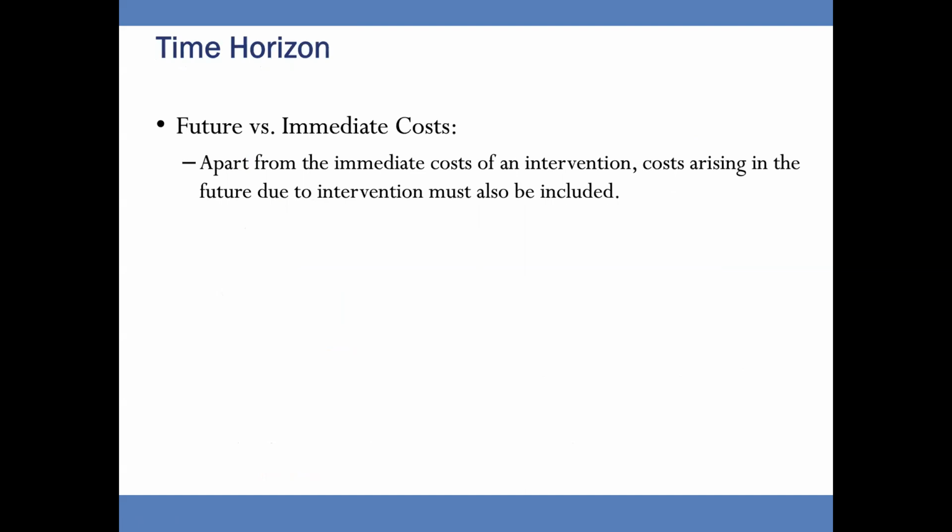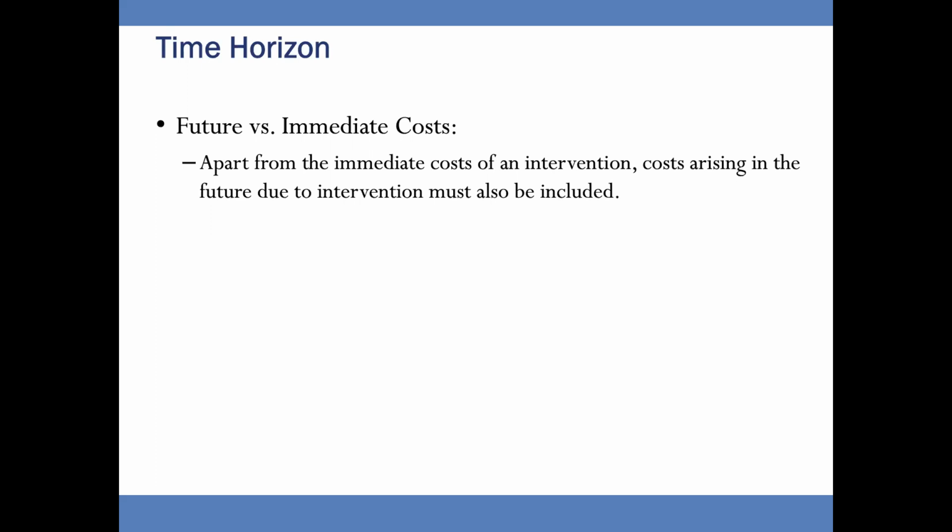Another important thing to remember when measuring cost is the choice of time horizon for your analysis. Normally in cost effectiveness analysis, you don't just look at the immediate cost and immediate benefits of the interventions.